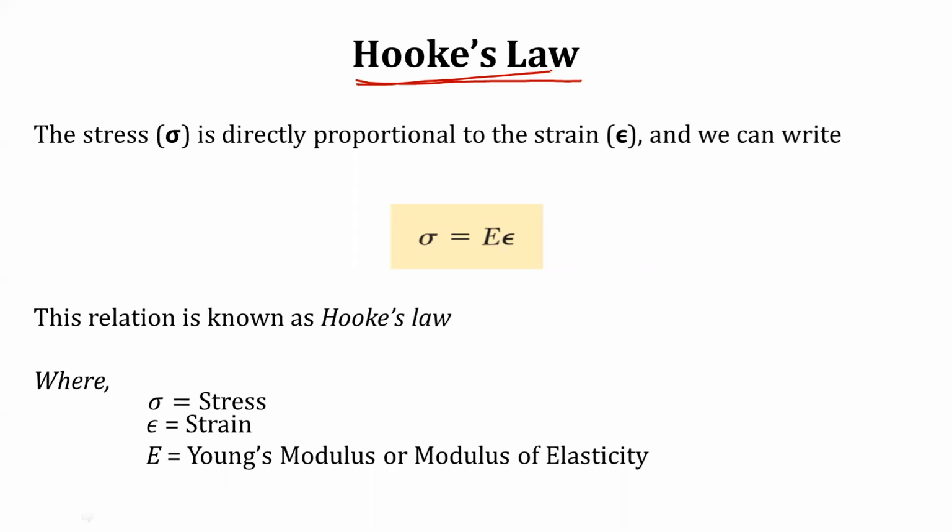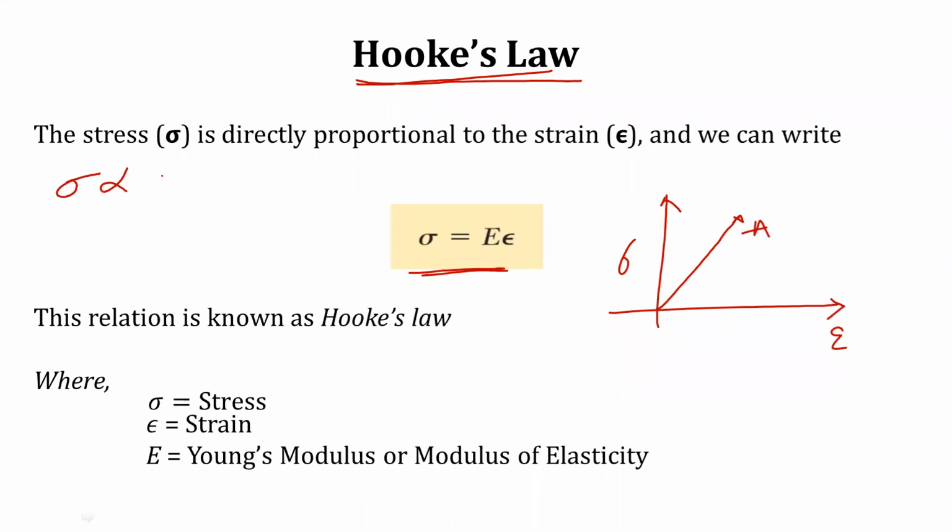The scientist found the relation of stress and strain up to a certain point, I think this point A, up to this, that was proportional. So from this observation, Hooke found this relation, that stress is directly proportional to strain, because that is linear.